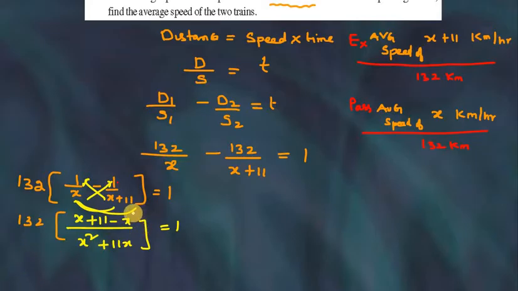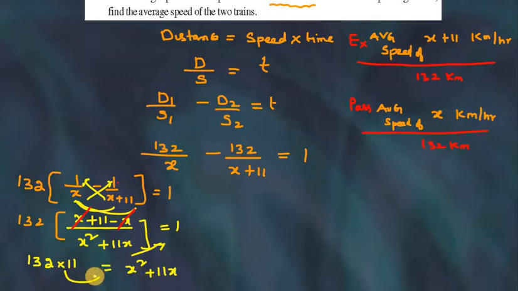So further simplification. Plus x minus x will get cancelled. So what will we get ultimately? 132 into 11 is equal to, this denominator I am taking to the right hand side. So 1 into this one, you will get the same, x square plus 11x.